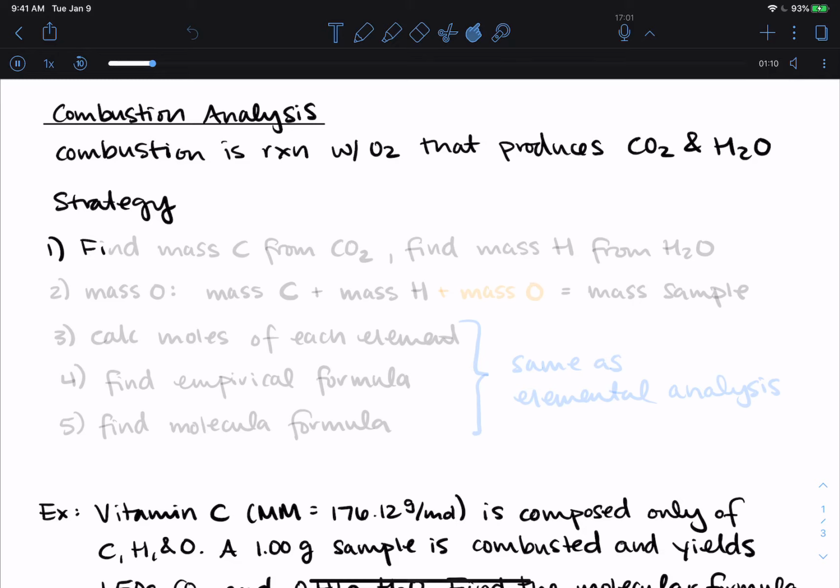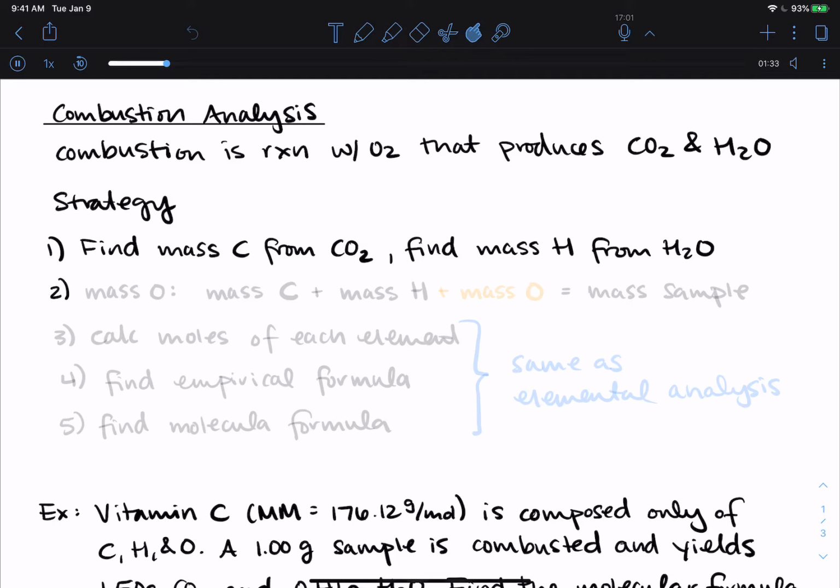So step one, we'll find the mass of carbon from the CO2, and we'll find the mass of hydrogen from the H2O.